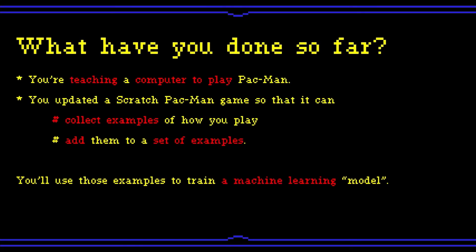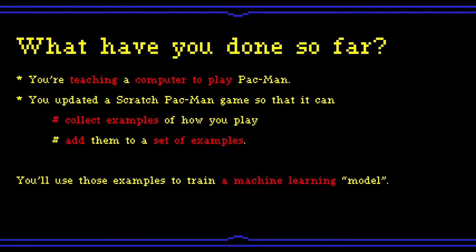So now we can ask ourselves, what have we done so far? And actually we did a lot. We are now teaching our computer to play the game called Pac-Man, and actually, we updated the Scratch code of the Pac-Man game, so now it can collect examples of how you play and add them to the set of examples.